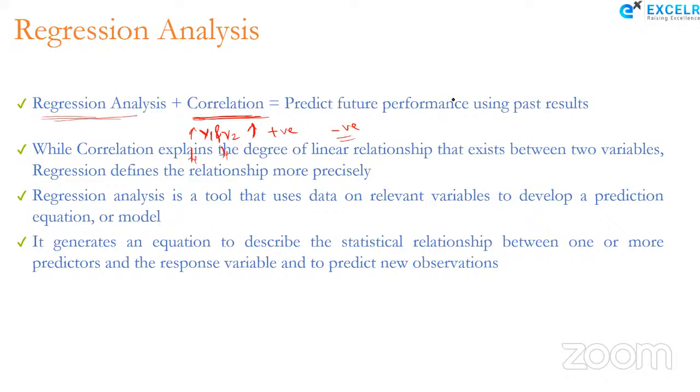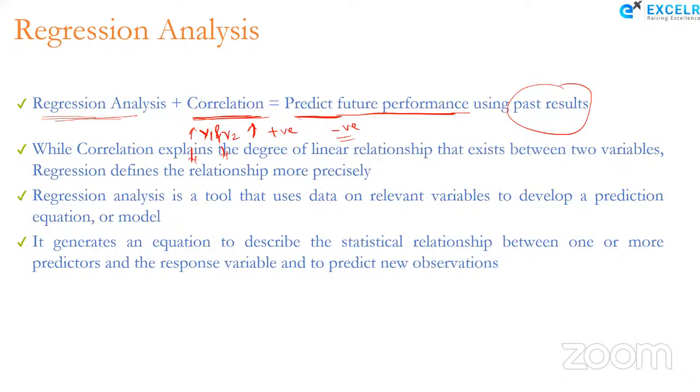Now, what is this regression analysis? By combining regression analysis with correlation, we would be able to predict the future performance of any business metric based on the past data. In every business we have the past data, and as you rightly told me in the definition of data science, we should be able to generate actionable insights.